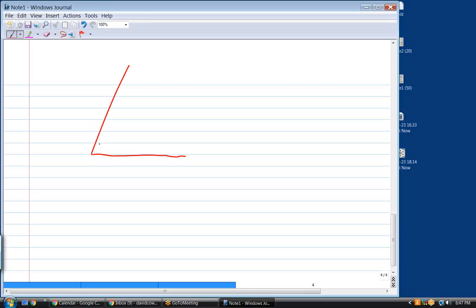Let's say that's 30 degrees, even though I haven't really drawn it like that. And this side is 10, and we're going to put another side right there. That's 8. Okay?